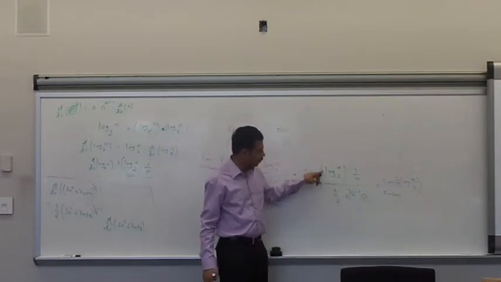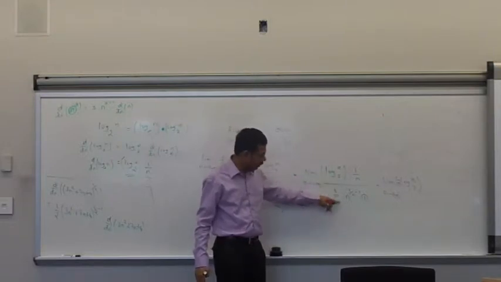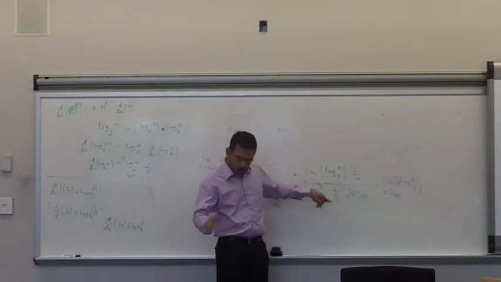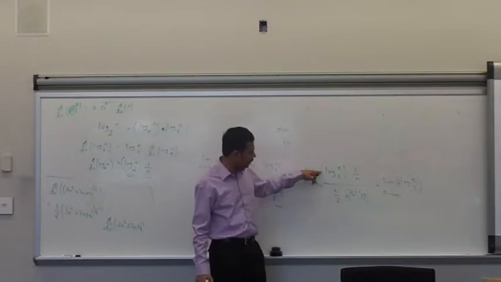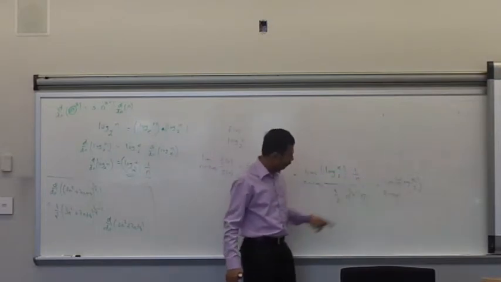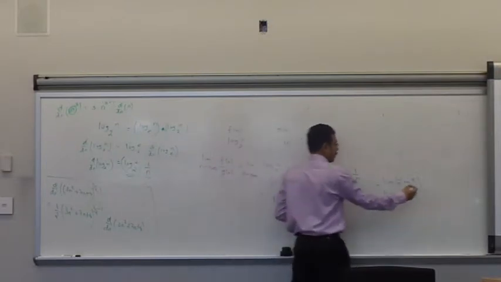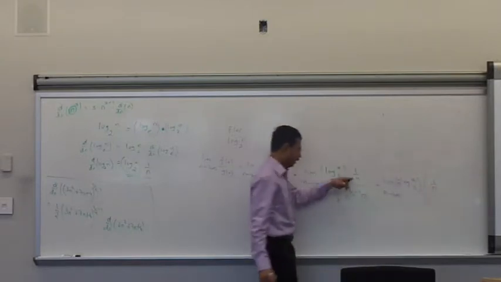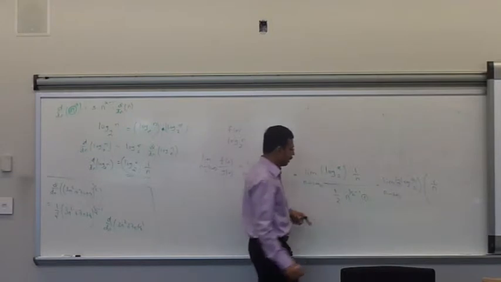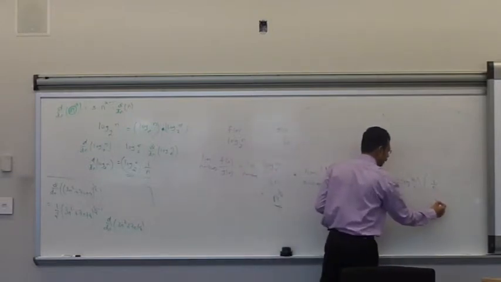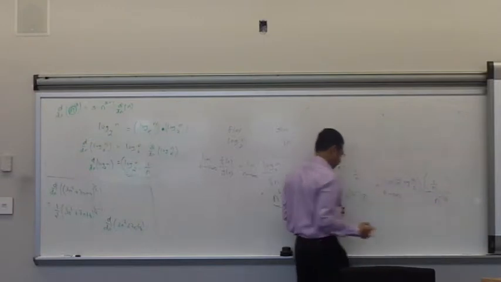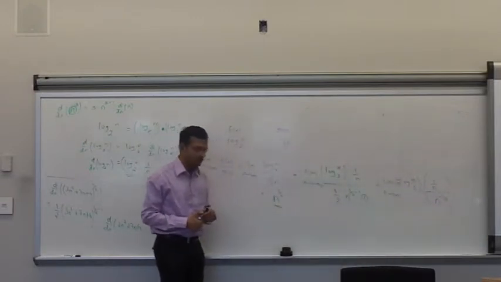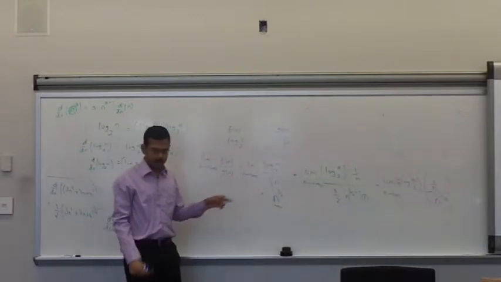So 1 over 1 half goes to the numerator, so 2 log e to the base 2. Then I am combining all my n terms: 1 over n divided by n to the half minus 1, which is n to the power negative half.